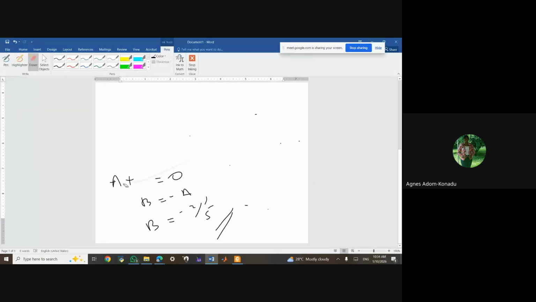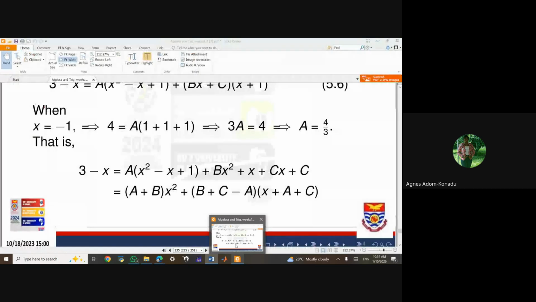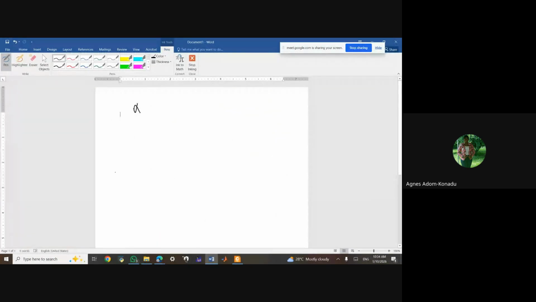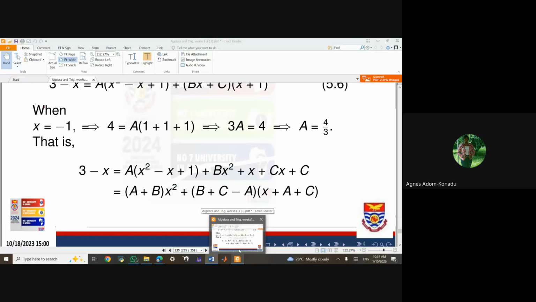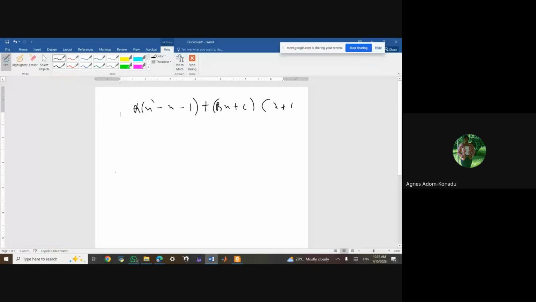Okay, so let me see. So when I expand, I'm going to get A times (s squared minus s plus 1), then plus (Bs plus C) multiplying (s plus 1), and this side is 3 minus s.